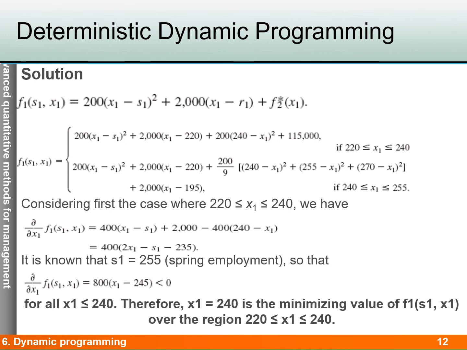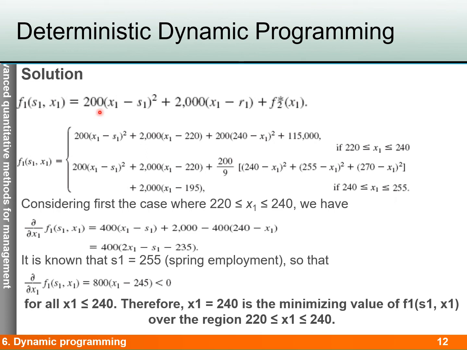So I should check the cost of my problem in this stage in two levels, when x1 is between 220 and 240, okay, and when it's between 240 and 255.